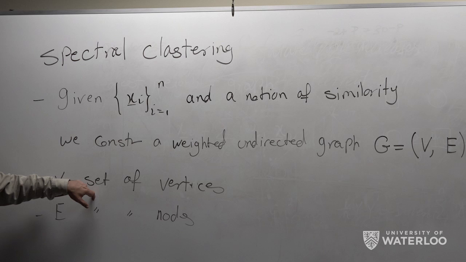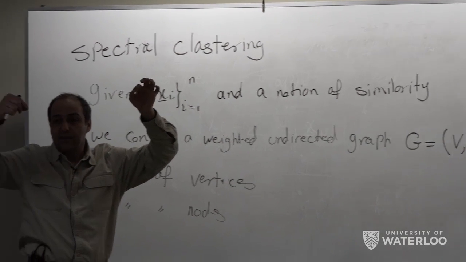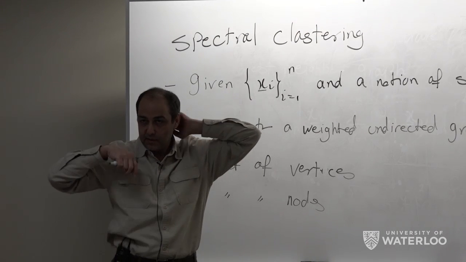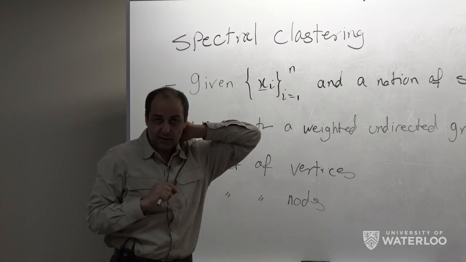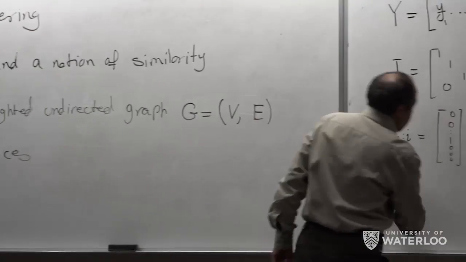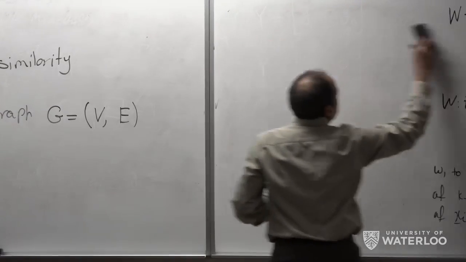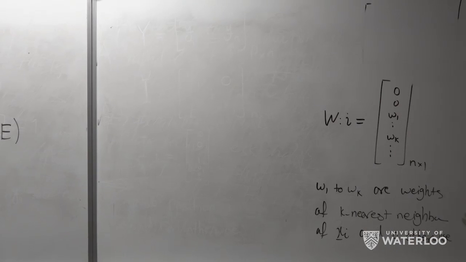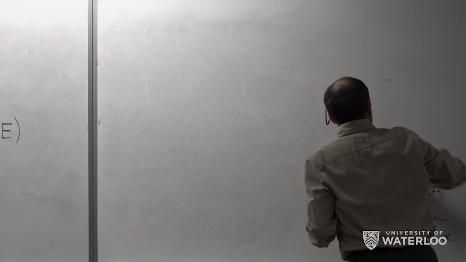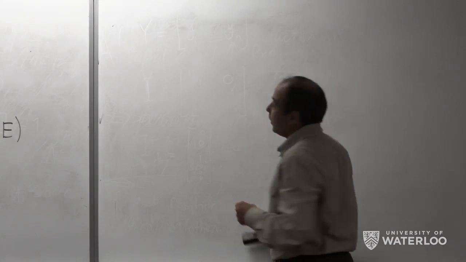These edges are weighted because it's a weighted graph, and the weight on each edge shows the similarity between the two nodes that make that edge. Okay? So for any n data points that you give me, I measure the similarity between points, and then I construct an undirected weighted graph.